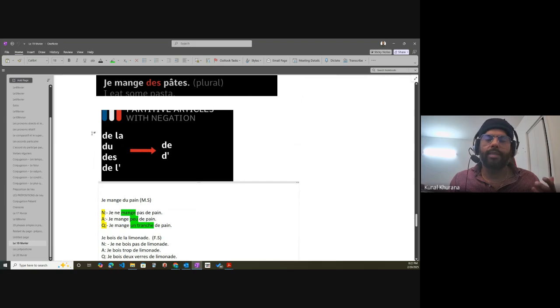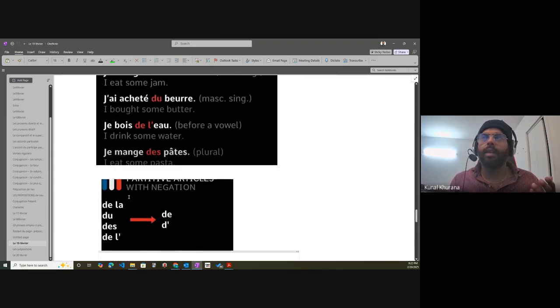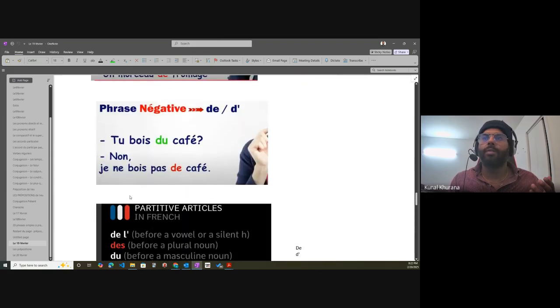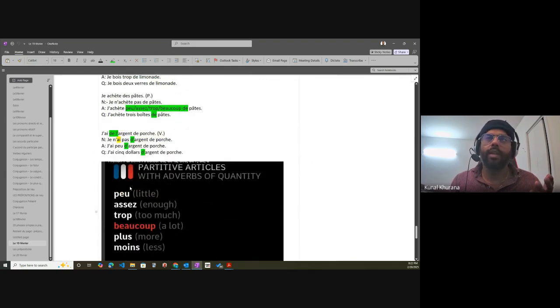Yeah, that's exact, that's not specified, and when there are numbers involved, and when we qualify with the help of adverbs, like I just want a little bit, I just want enough, and then we add partitifs. So then partitifs change. Generally we add partitifs for certain things that cannot be measured.